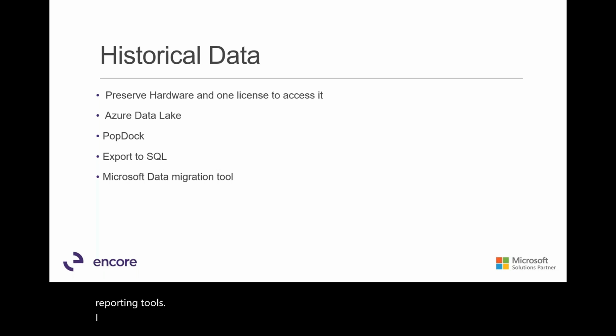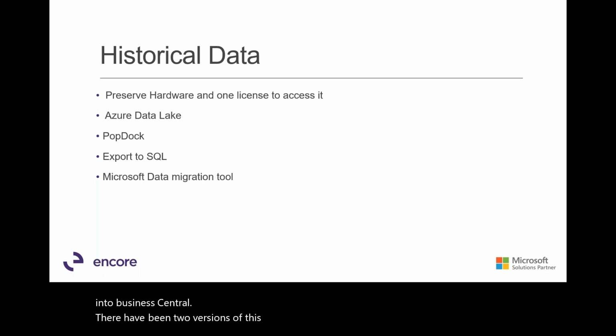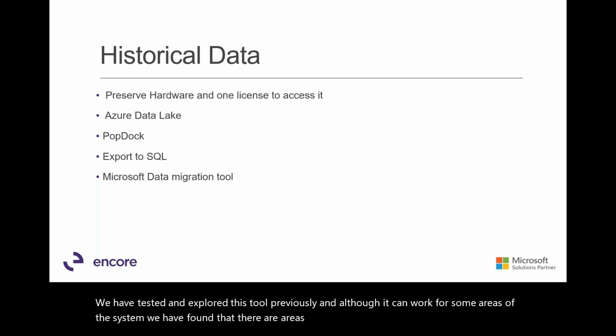I also want to take a moment to talk about a Microsoft data migration tool to move GP data into Business Central. There have been 2 versions of this tool, and just this month there has been a 3rd update. We have tested and explored this tool previously, and although it can work for some areas of the system, we have found that there are areas that definitely need some improvement.